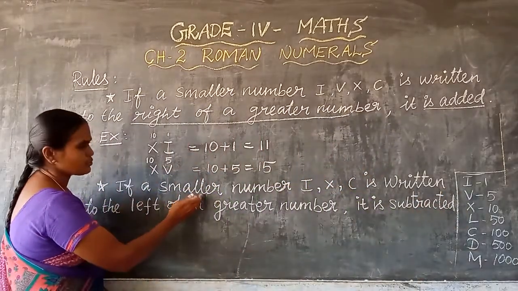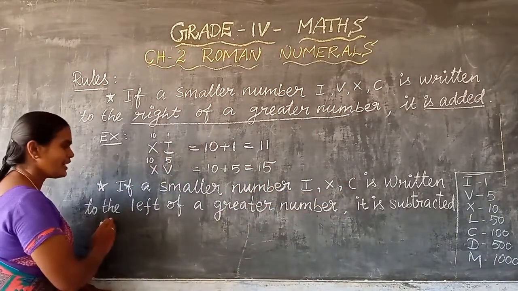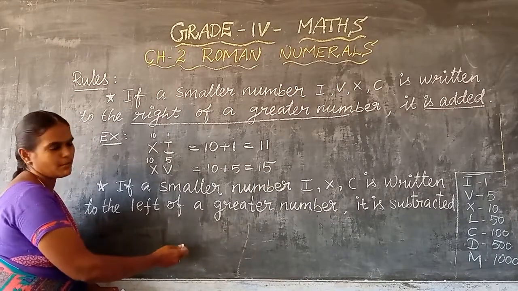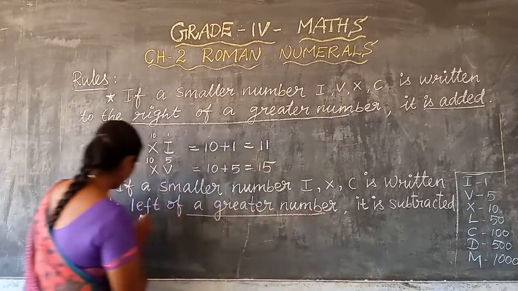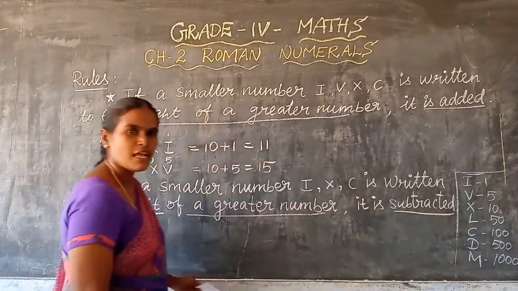So, if a smaller number IXC is written to the left of a greater number, it is subtracted.